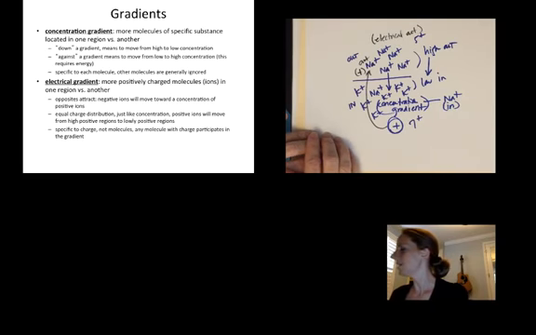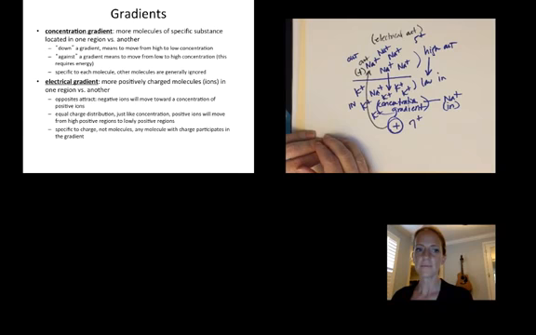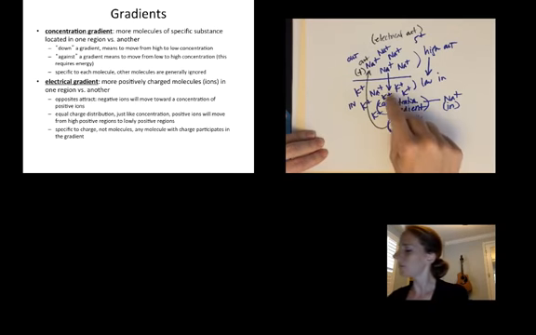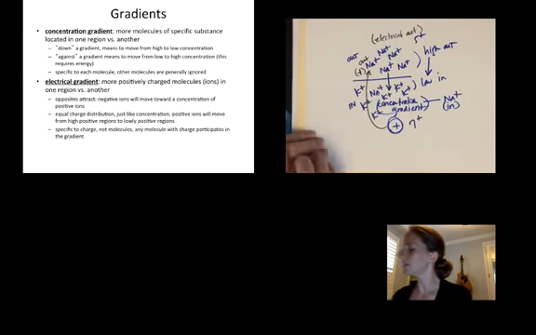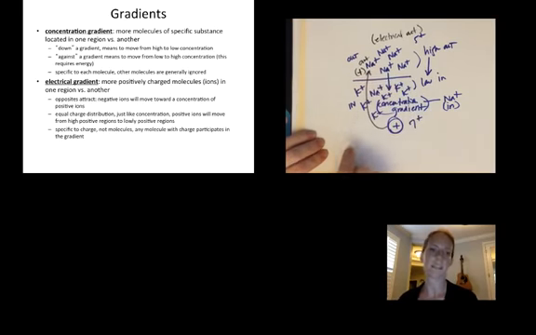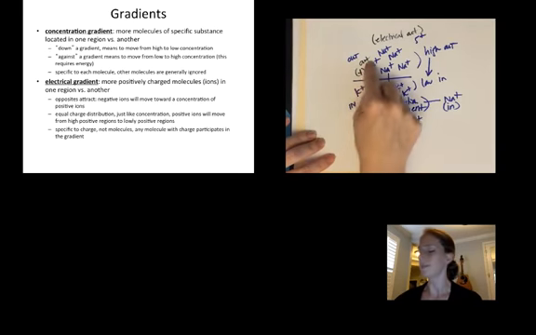Just checking. Let's look at potassium. What is the concentration gradient for potassium? In this case, we have 1, 2, 3, 4, 5, 6 potassiums inside the cell, no potassium outside. So there is a concentration gradient for potassium to leave the cell.